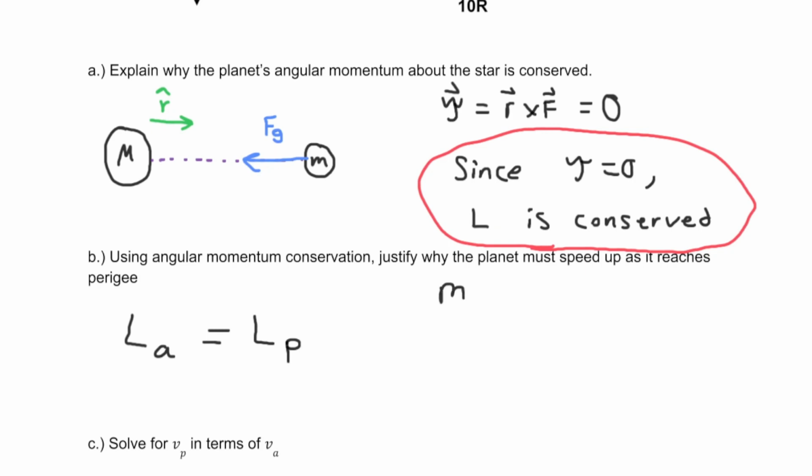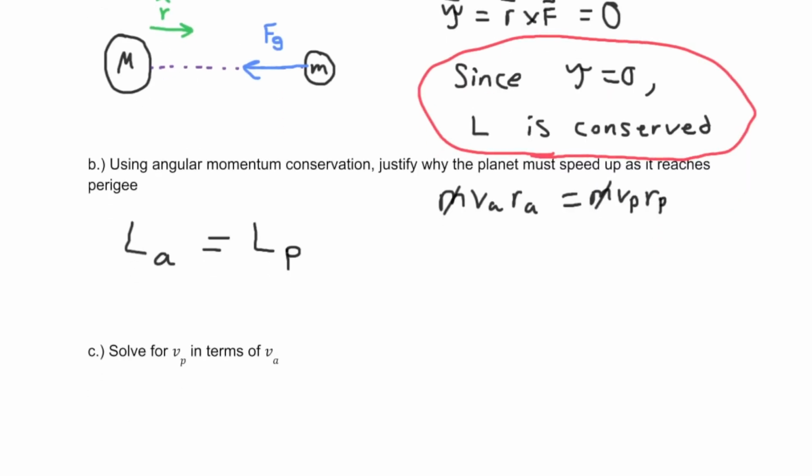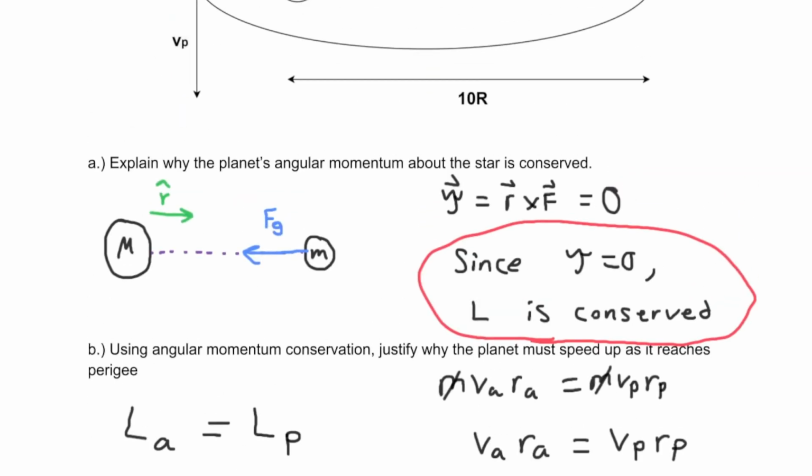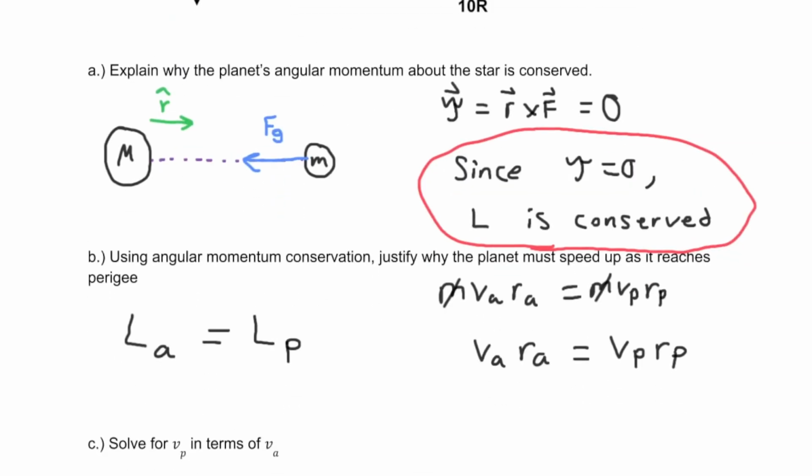So we can say that mV_A R_A has to be equal to mV_P R_P. So we get this form of the second law, which says that the product of V and R has to remain constant. So anytime you have two things multiplying to a constant, that means they're inversely proportional.